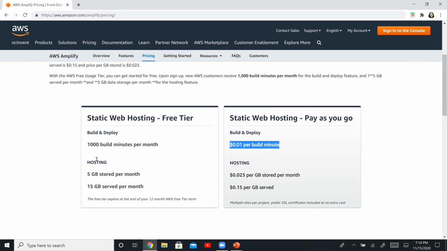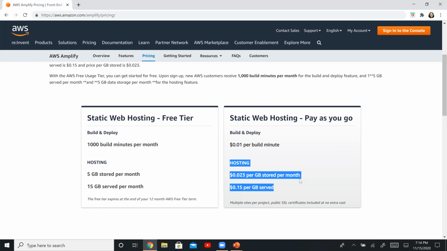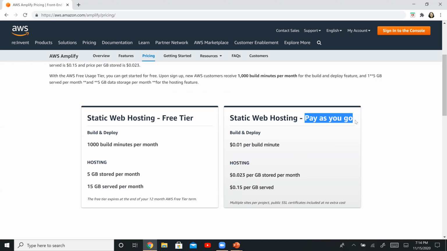For hosting, again in free tier, the first 5 GB stored per month is free, and the first 15 GB served per month is free. After that, you pay 0.23 cents per GB stored per month and 0.15 cents per GB served. So it's basically a pay as you go model.